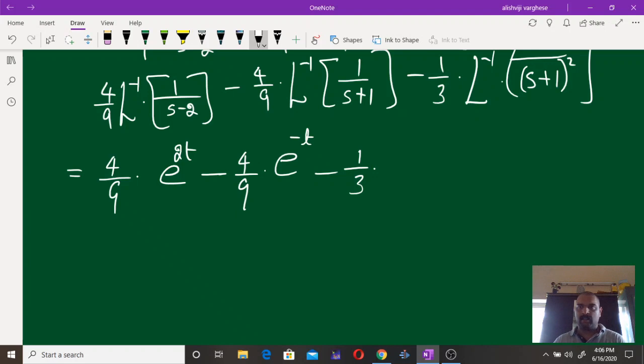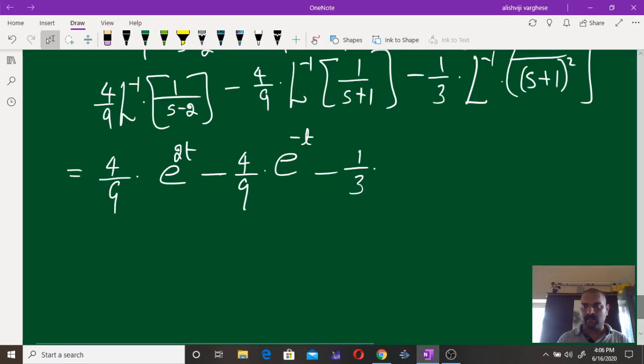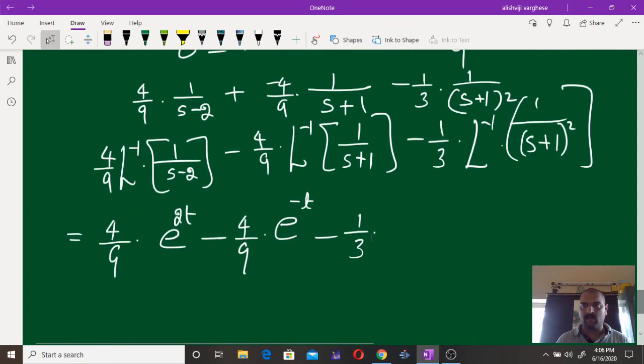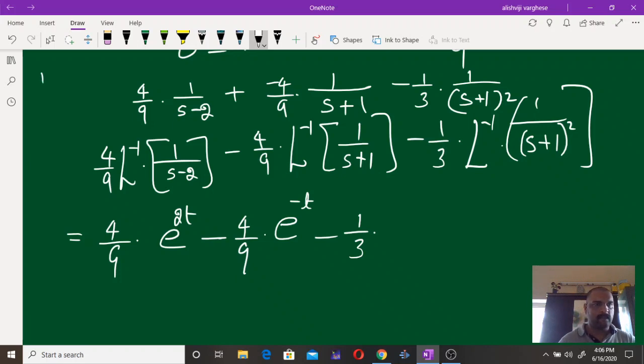here what we have is 1 by (s plus 1) the whole square. We have the Laplace transform of t raised to n is equal to n factorial divided by s raised to n plus 1, or in other words, 1 by s square is the Laplace transform of t.